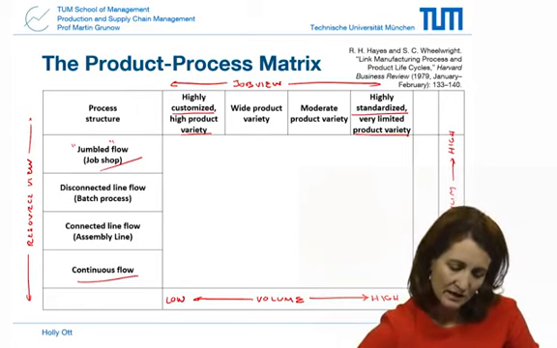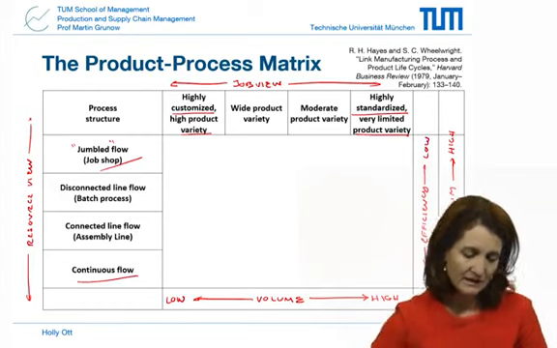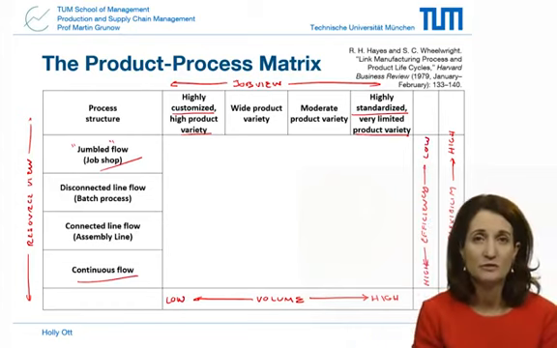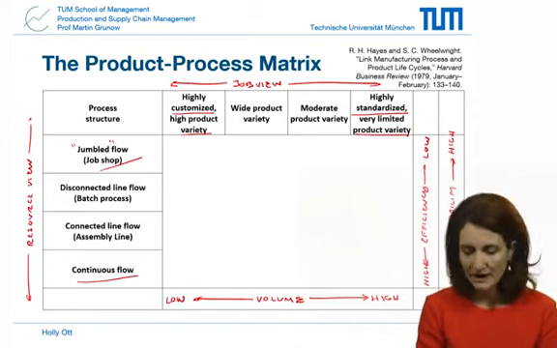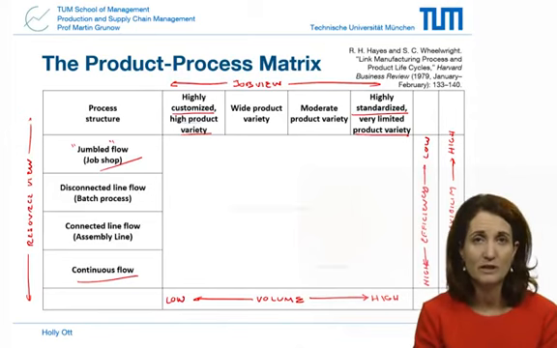On the other side, the efficiency moves from very low in the job shop view to very high in the continuous flow view. And we find a match along the diagonal of our matrix.